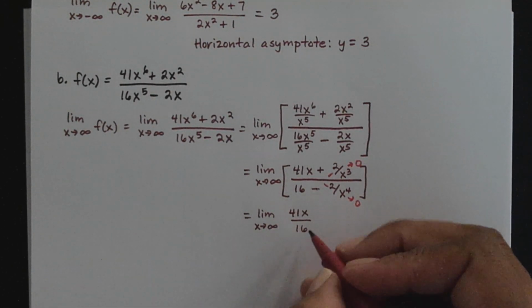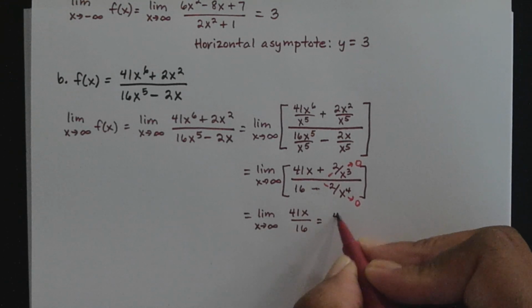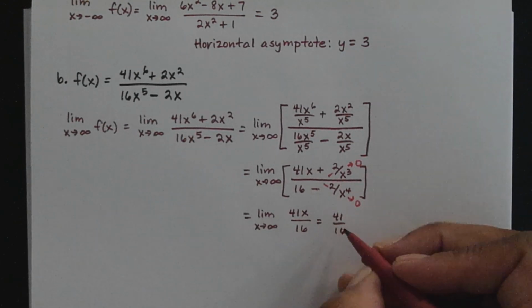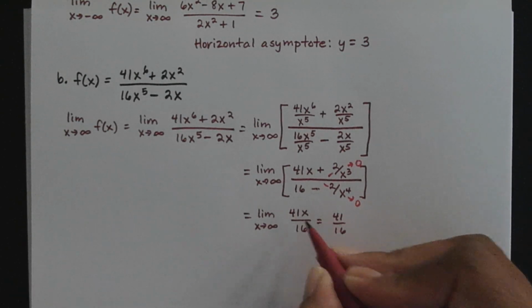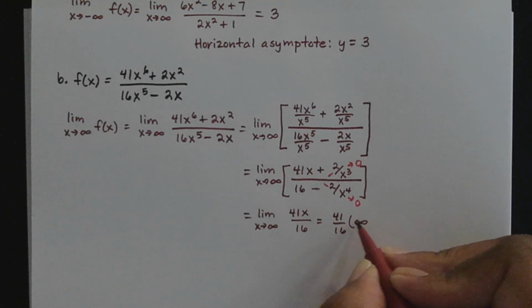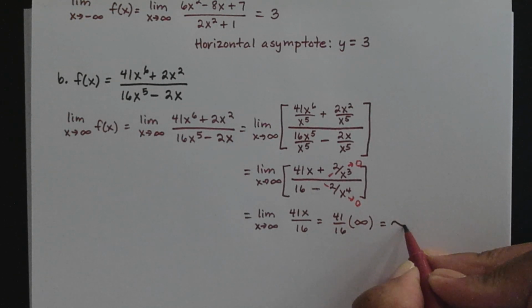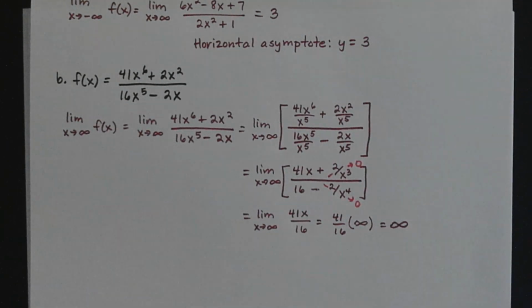Now in this case, that 41 over 16, I can just bring that over. But here x goes to infinity, so that means this x will be going to infinity. And 41 over 16 times infinity would be infinity. So as x approaches infinity, the function will be going to infinity.